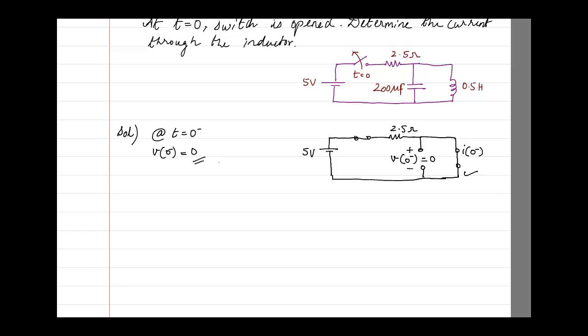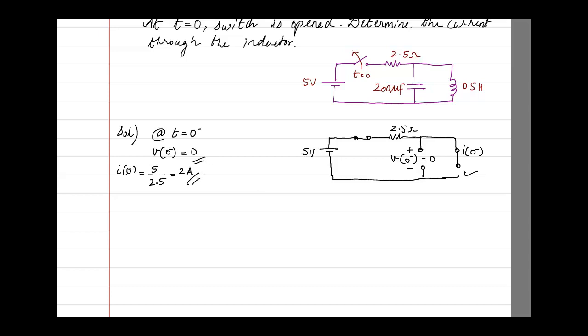That is one of the conditions. The second is how much current is going through the inductor, and from that we can clearly see that I0 minus is going to be the total voltage divided by the resistance in the network, which is 2.5, which gives me 2 amperes current.